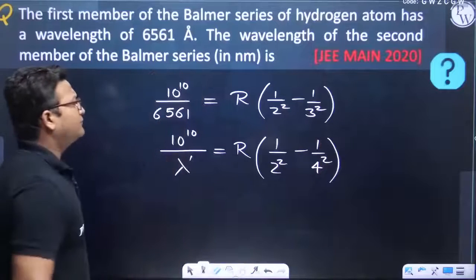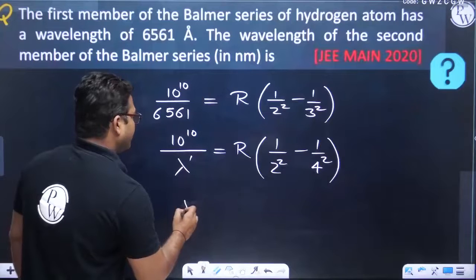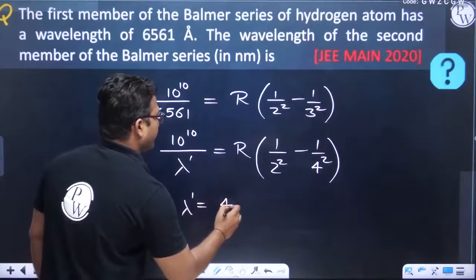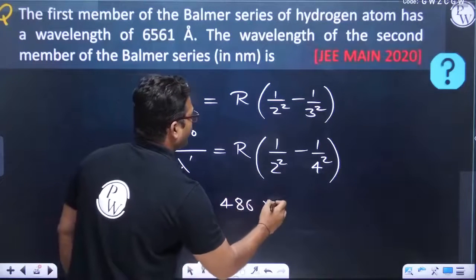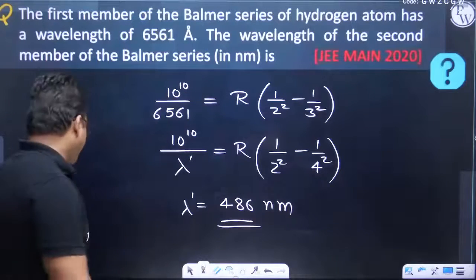If you divide these two and solve for lambda dash, your lambda dash will come out to be 486 nanometers. So this is your perfect answer, 486 nanometer.